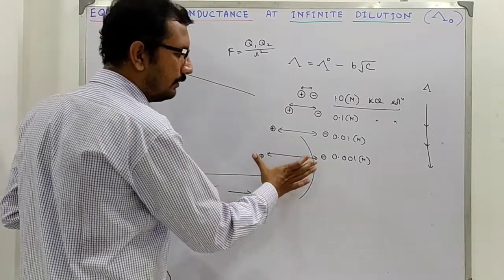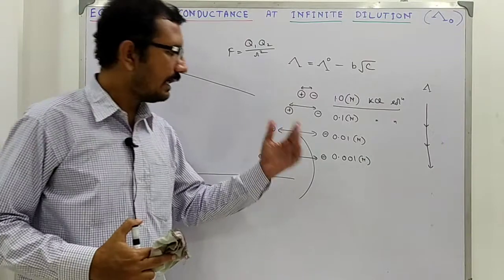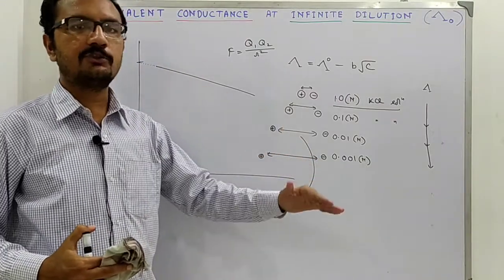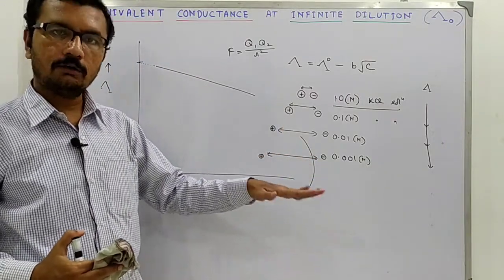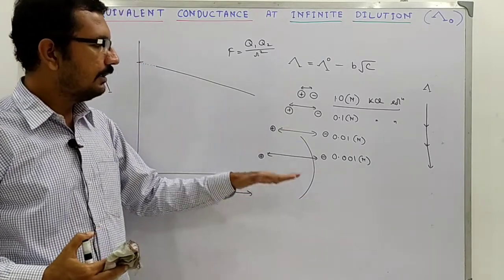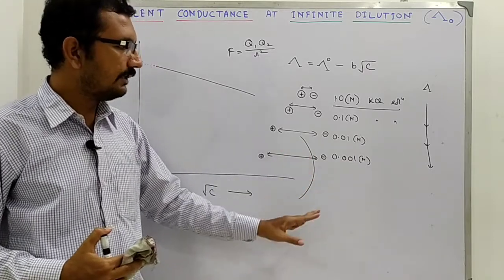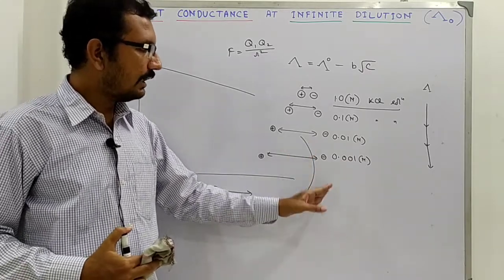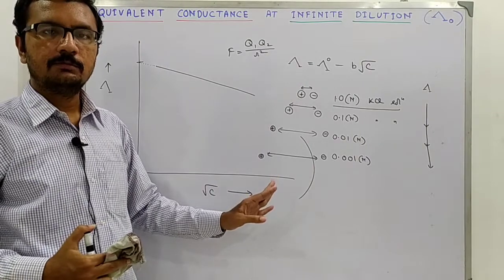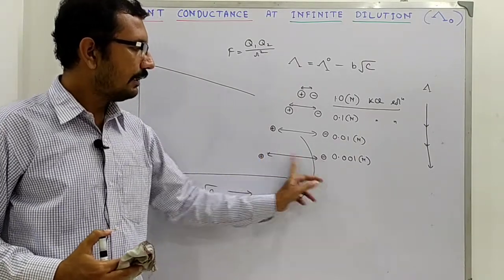be no attraction. So, at this point the cations and anions will exhibit maximum speed. It will move with the maximum speed that can be attained, which depends on the nature of the solvent, nature of the ions and temperature, since this ion has no effect on this ion and vice versa.